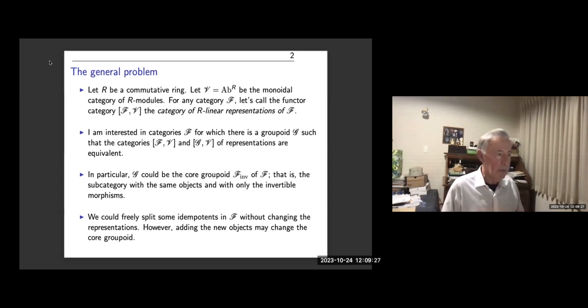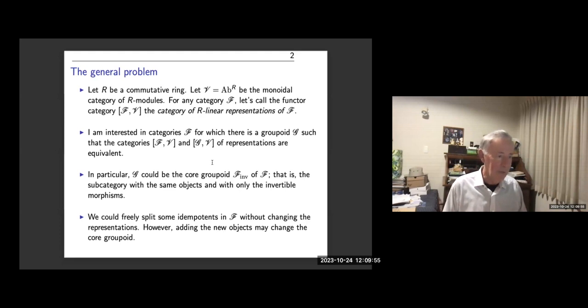So you want an equivalence of categories between the representations of your category F and a groupoid. Sometimes the groupoid is just the invertible morphisms in the category you have. That's not always the case, but that's a good starting point. That's a groupoid at least that you can get your hands on.